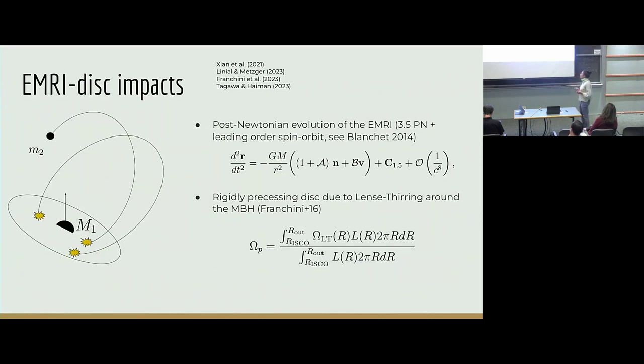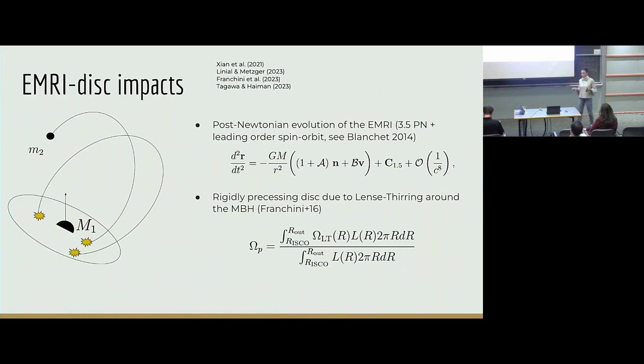So what we did was to construct the evolution of an EMRI with a rigidly precessing accretion disk. Since we already had a code that evolves the EMRI orbit with 3.5 post-Newtonian corrections, which include all the relevant precessions that you want to include in this model, we just added the rigidly precessing disk.